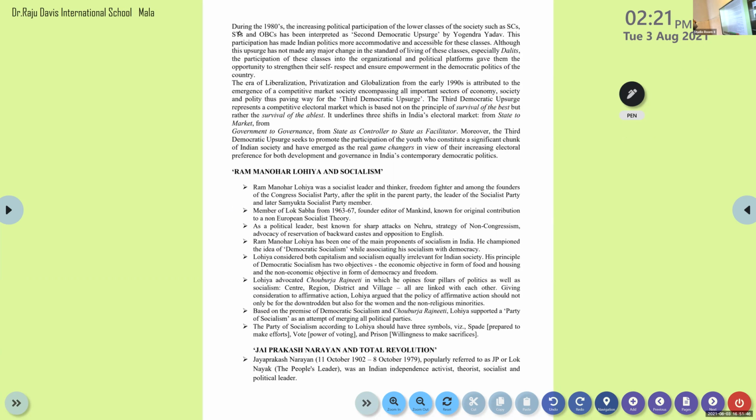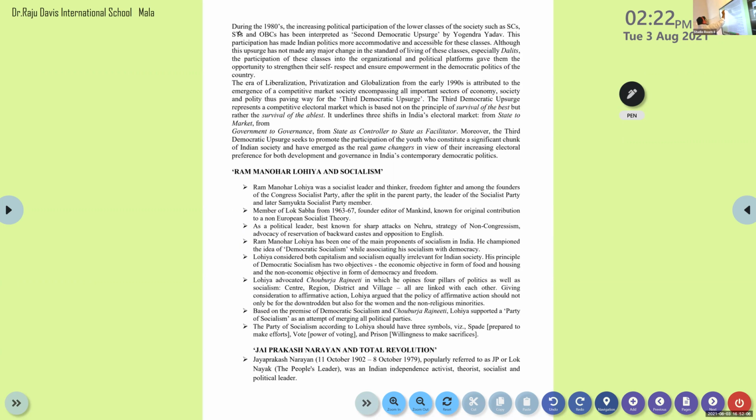Although this upsurge has not made any major change in the standard of living of these classes, especially Dalits, their participation in organizational and political platforms gave them the opportunity to strengthen their self-respect and ensure empowerment in the democratic politics of the country.